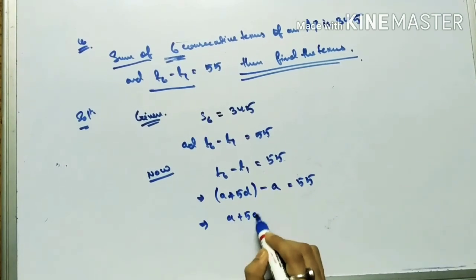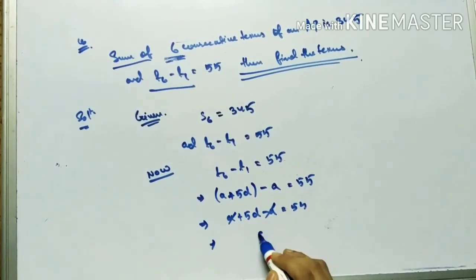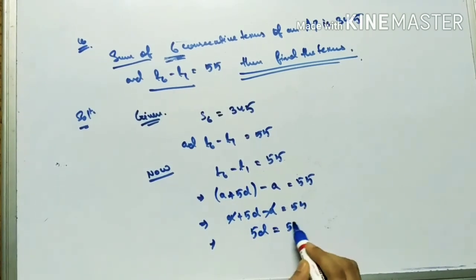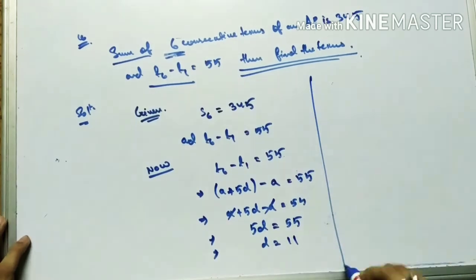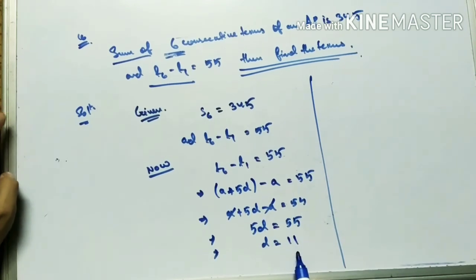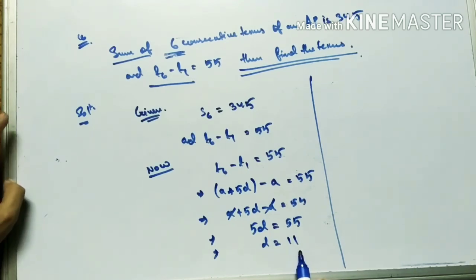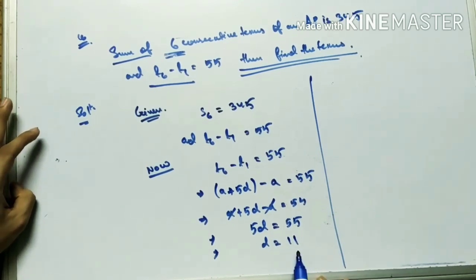So A plus 5D minus A equals 55. A cancels, so 5D equals 55, and D equals 11. D is the common difference, and the common difference I got is 11.